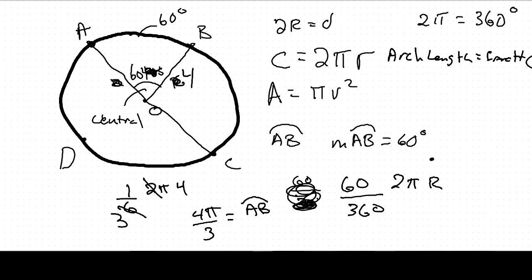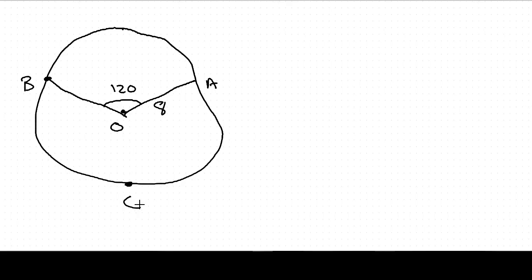So let me draw a couple of these up. Let's say that this is 8, and that's O, and that's A, and this is B, and there's 120 degrees there, and I'm going to put a C there.